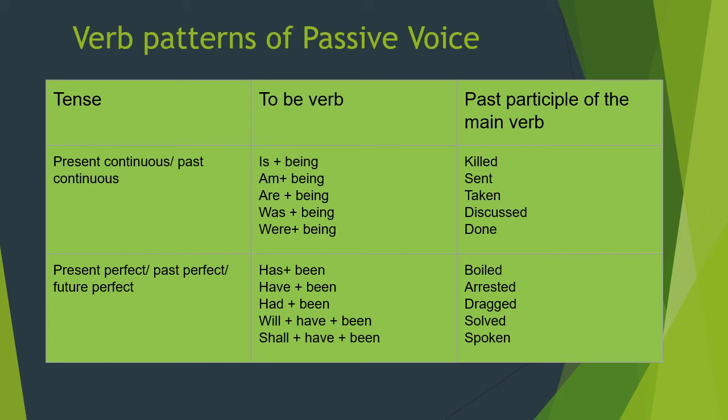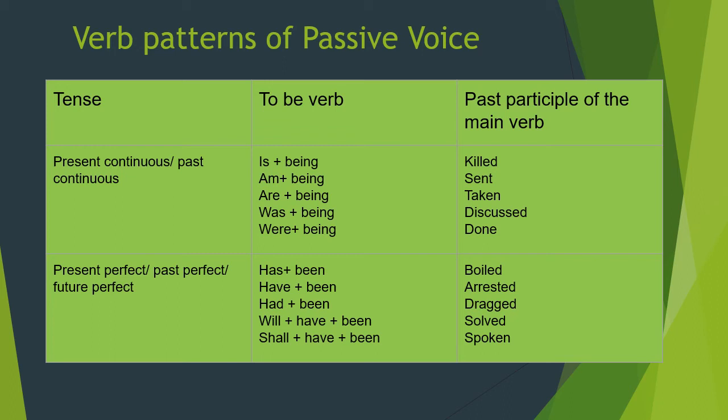Now if the tense is a perfect tense, there are three types of perfect: present perfect, past perfect and future perfect. If it is present perfect, the structure of passive voice is has plus been plus past participle, or have plus been plus past participle, according to the singular and plural respectively.